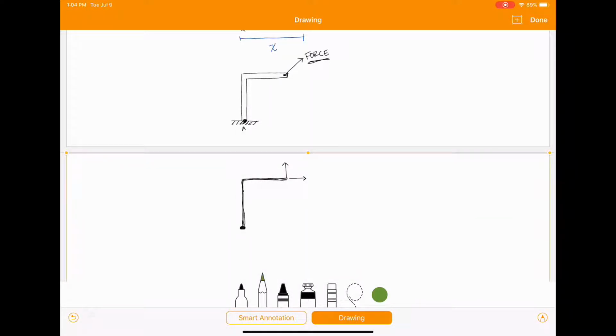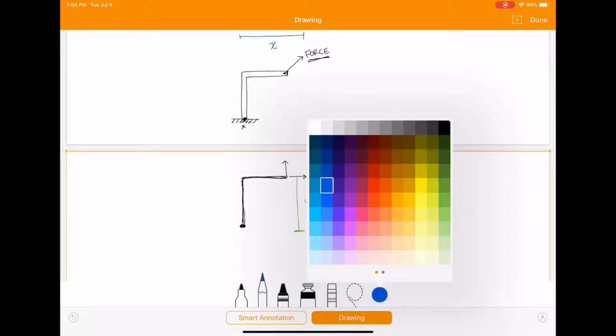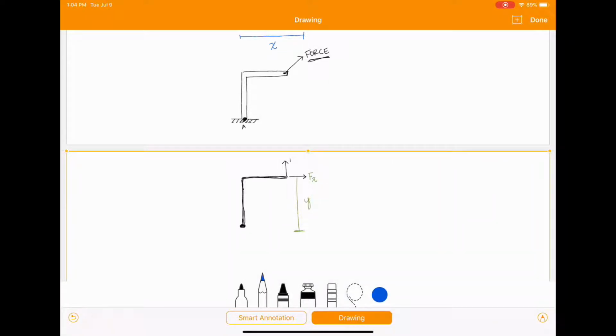So for our x component, to take the moment about this point down here, we're going to multiply it by its perpendicular distance to that point. So the x component always is associated with the y distance. Similarly, the y component is associated with the x distance.